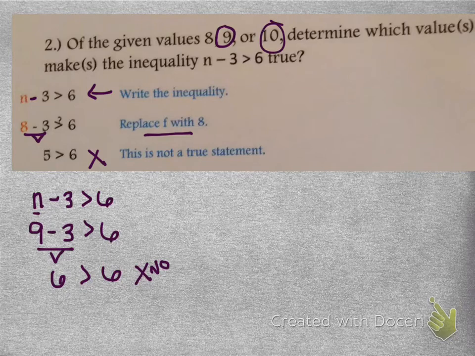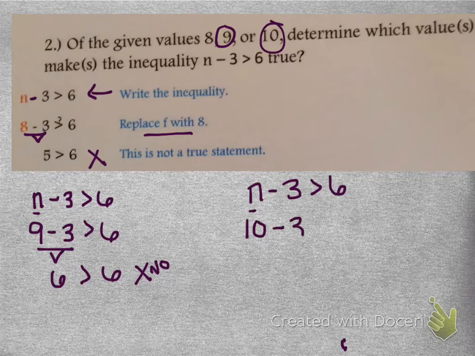So let's try for 10 now. So again, we rewrite our inequality of n minus 3 greater than 6. Instead of the variable n, on our second step, we would place the number we're looking at. 10 minus 3 greater than 6. And then we solve. 10 minus 3 is 7. Is 7 greater than 6? Yes, 7 is greater than 6.